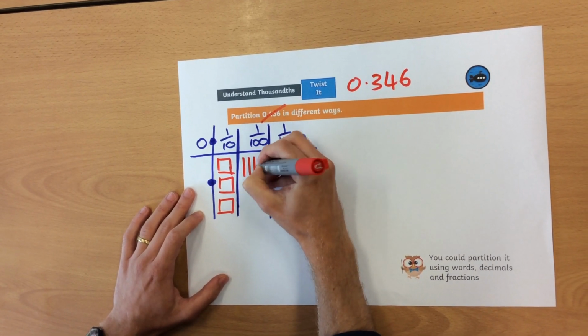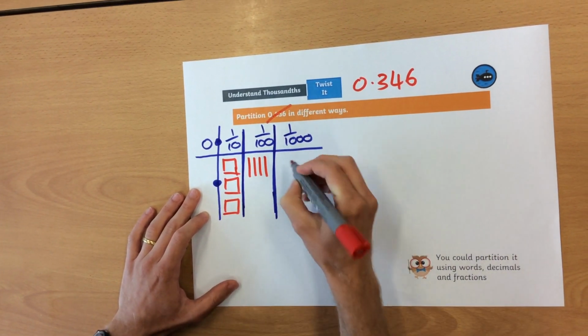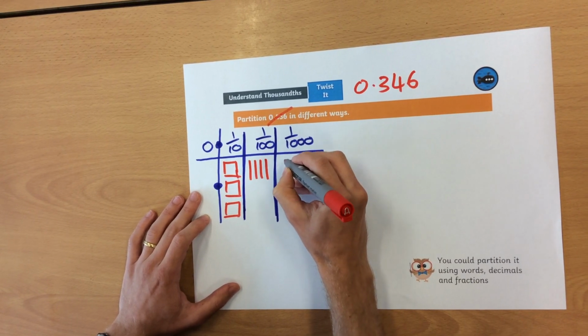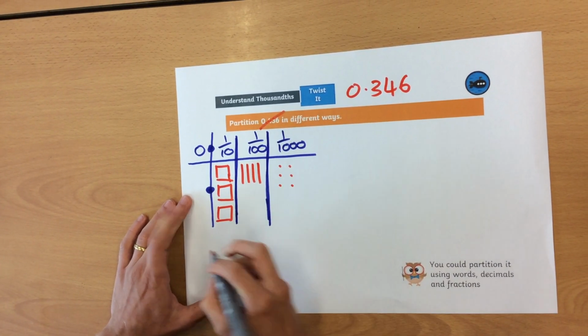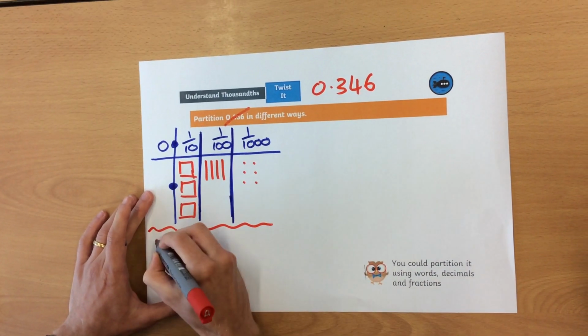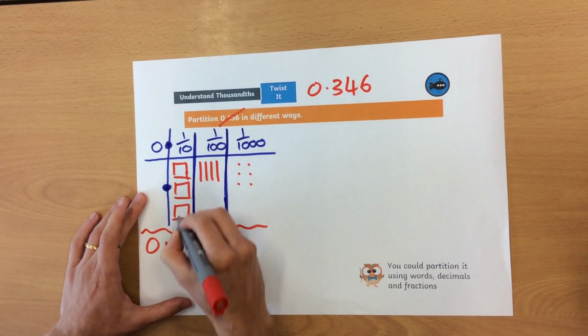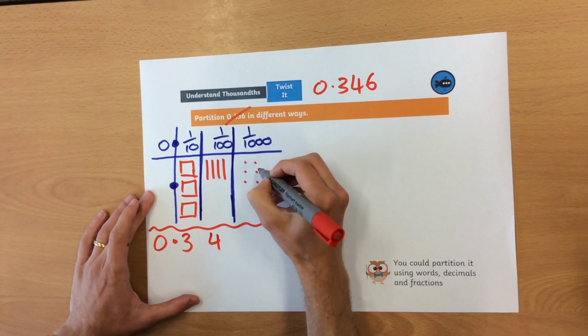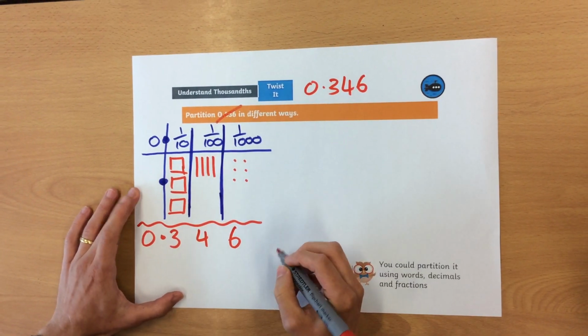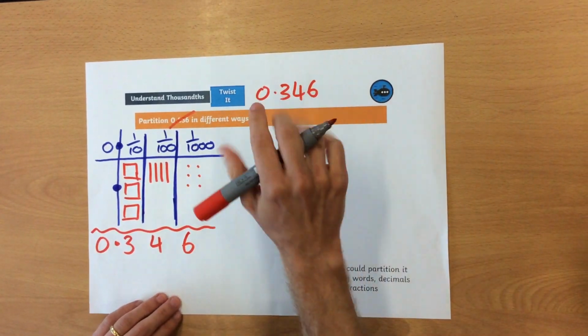I'm going to draw 4 sticks and 6 of my thousandths, 1, 2, 3, 4, 5, 6. And I can check that underneath: 0. 3 tenths, 1, 2, 3, 4 hundredths, and 1, 2, 3, 4, 5, 6 thousandths. Right, I'm happy with the value of my decimal.